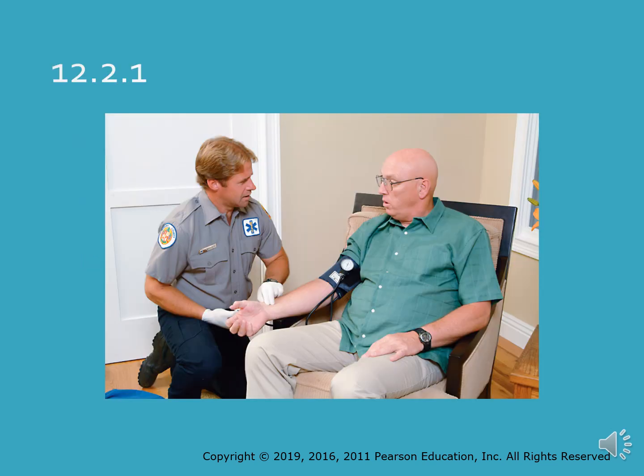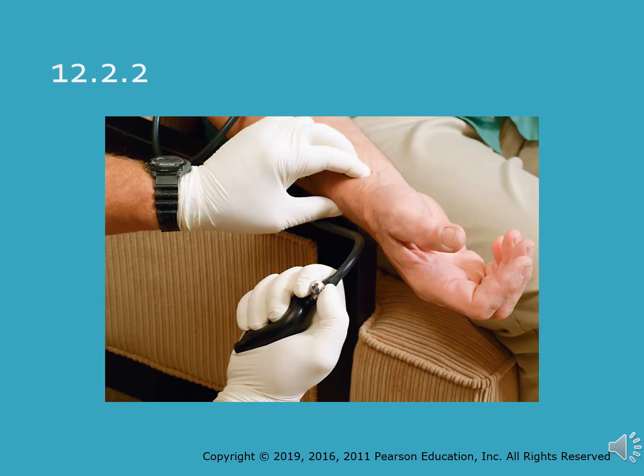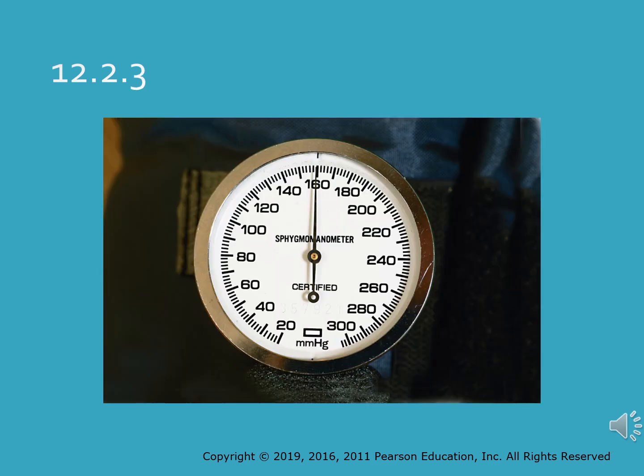Here they have placed the cuff and located the radial pulse prior to inflating the cuff. Here's when they inflate the cuff until you feel the radial pulse go away. Here you're going to continue inflating the cuff to approximately 30 millimeters of mercury beyond where the pulse went away. So if the pulse went away at 130, you're going to increase it to 160.